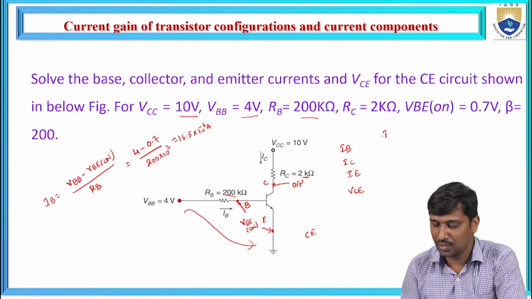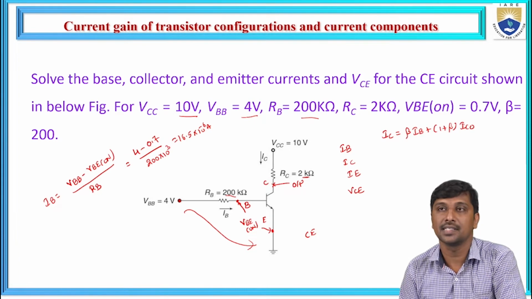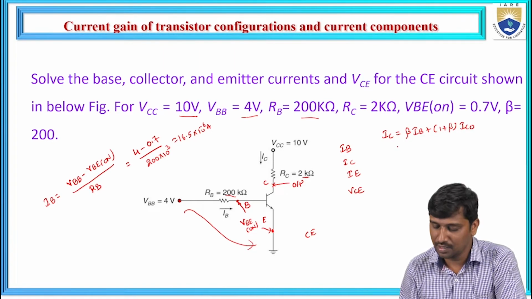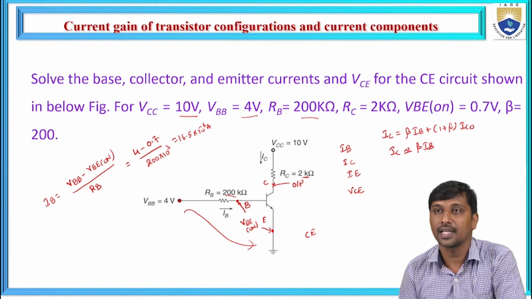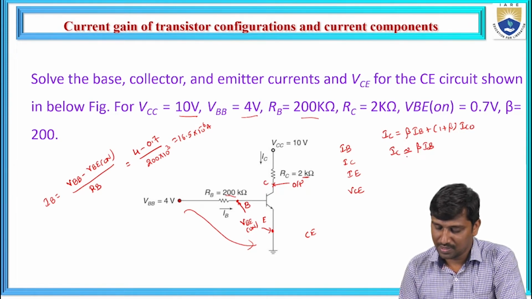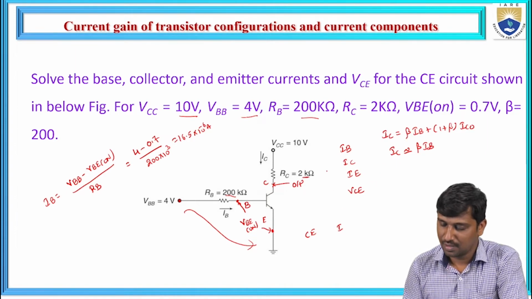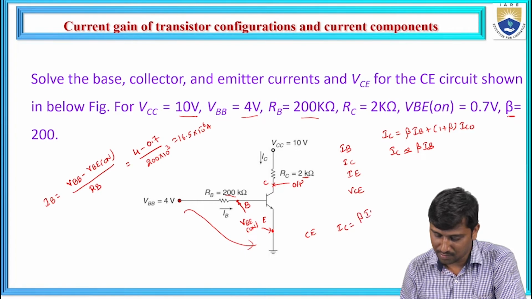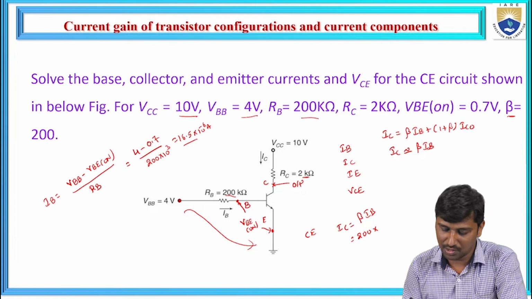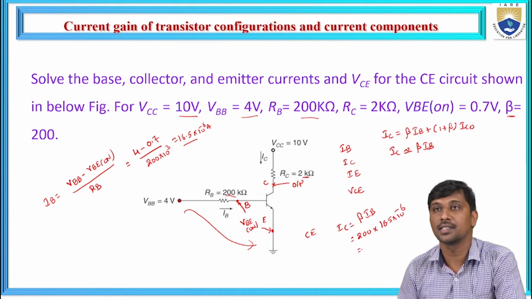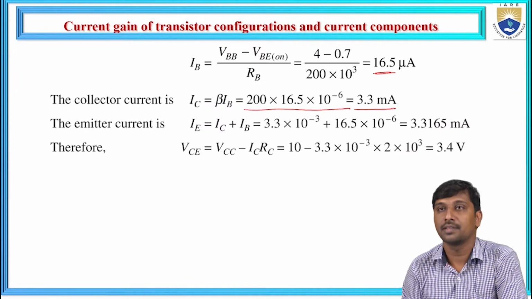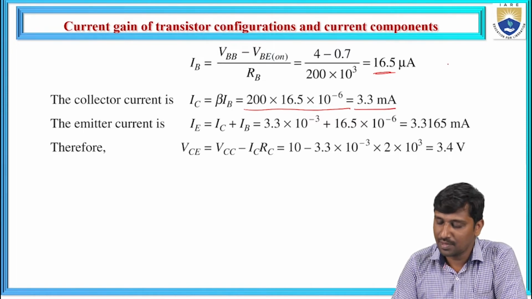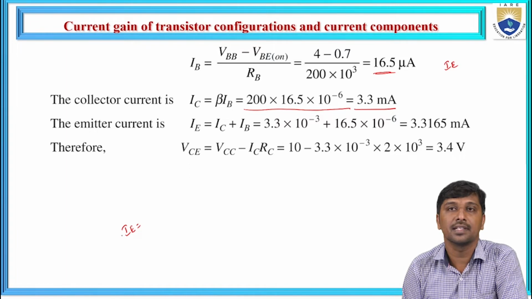From the CE configuration, we know that the collector current IC is beta times IB plus 1 plus beta times ICO. ICO is the reverse saturation current, which is very small, hence IC is approximately equal to beta times IB. Given beta is 200, IC is 200 into 16.5 into 10 to the power of minus 6, which gives 3.3 milliamperes.